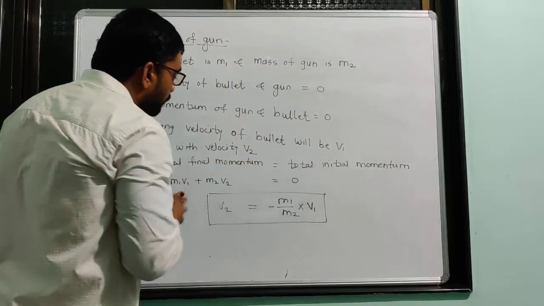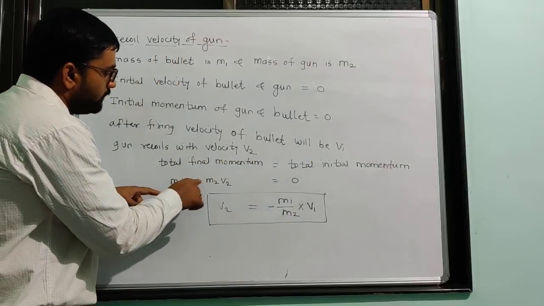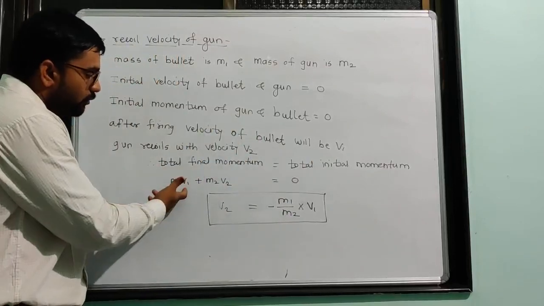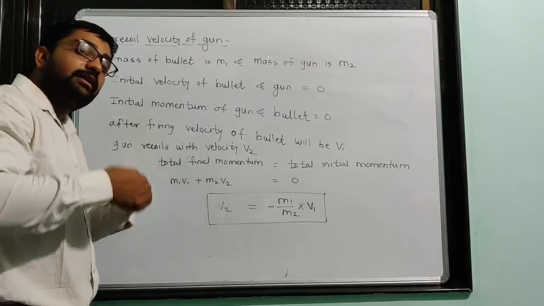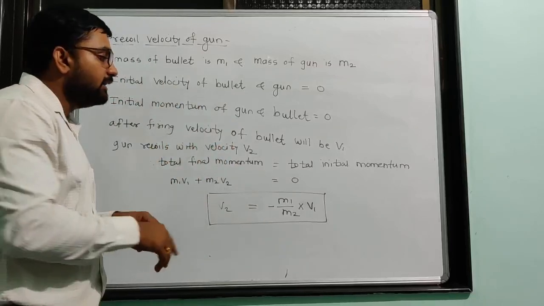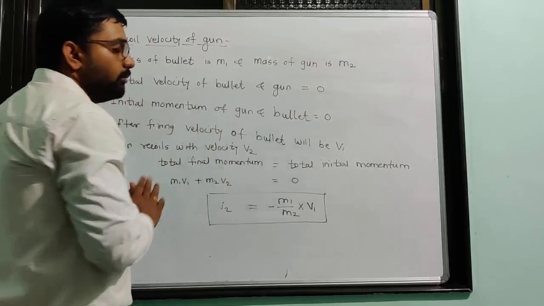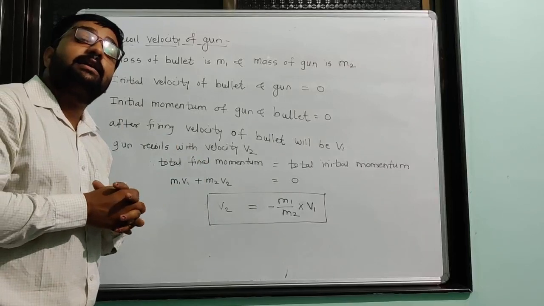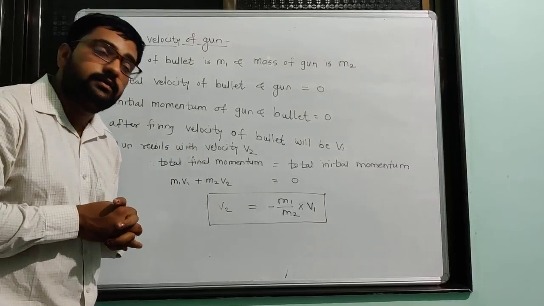So we know both are equal. So m1v1 plus m2v2 should be equal to 0, because m1v1 and m2v2 are the final momentum after firing, and 0 is the initial momentum because initially both are at rest. Their velocities are equal to 0.